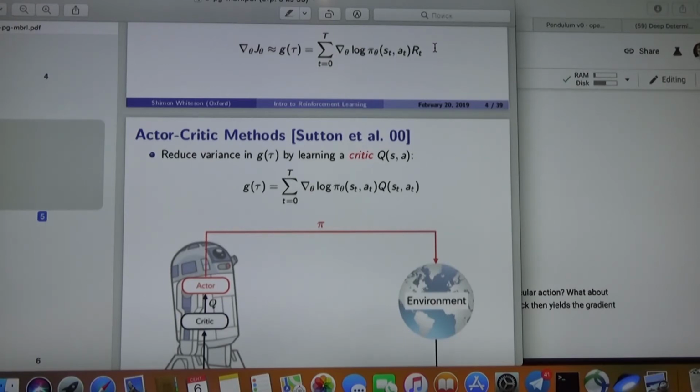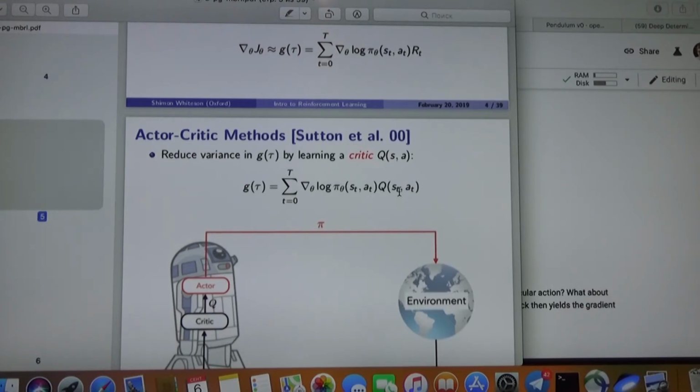The problem with this approach is that we should wait until the end of the episode to obtain the reward, right? An alternative method is called actor-critic, where we replace the return R_t with the Q function, because it is the same in expectation.